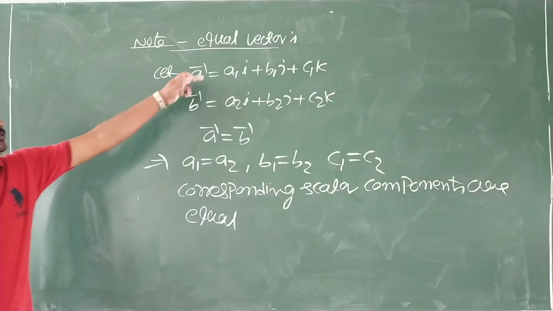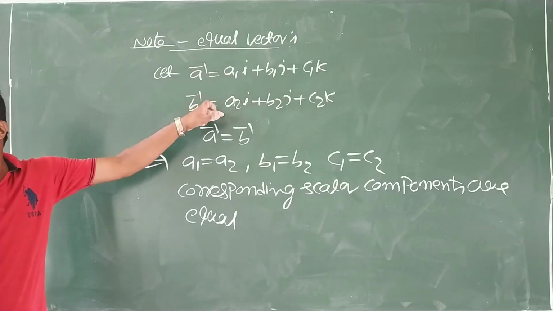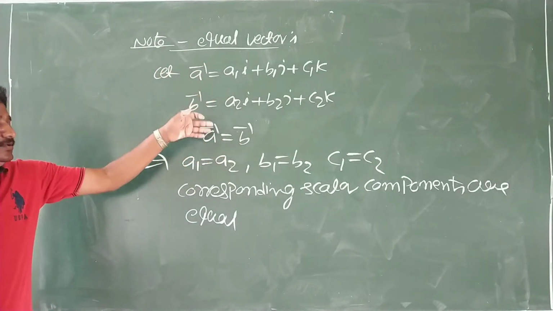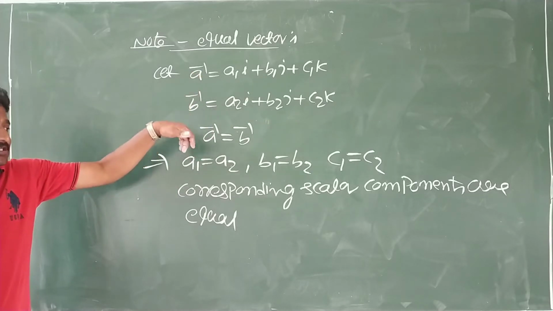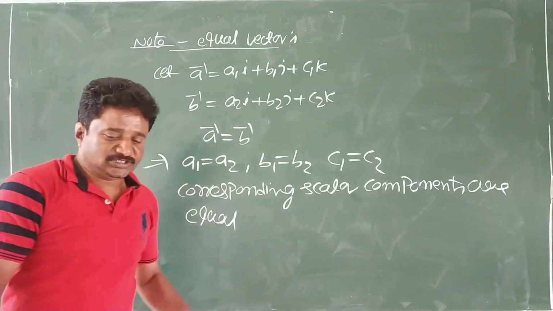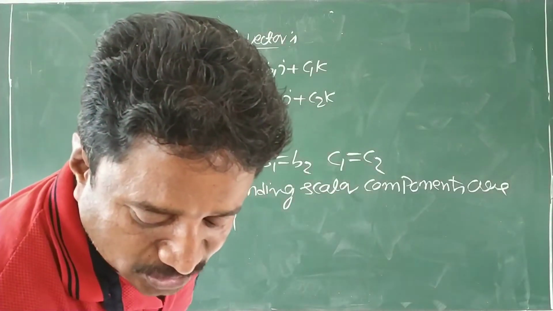If corresponding scalar components of two vectors are equal, automatically the vectors become what? Equal. This concept is required to solve problems, right? So it's correct. Next let us move on to position vector.